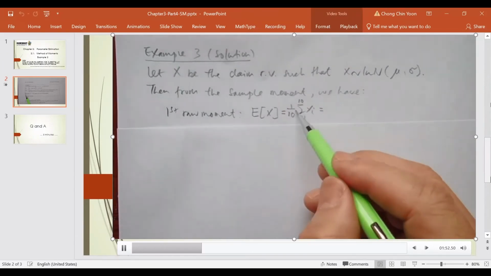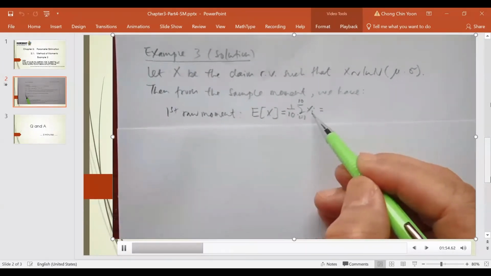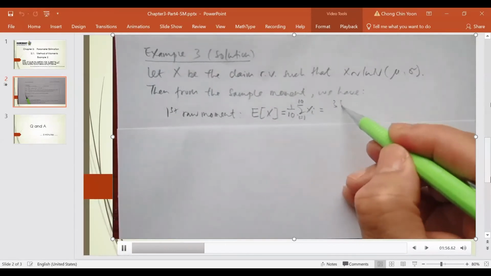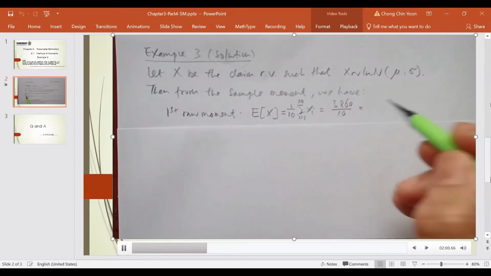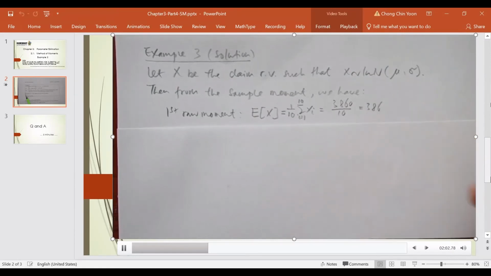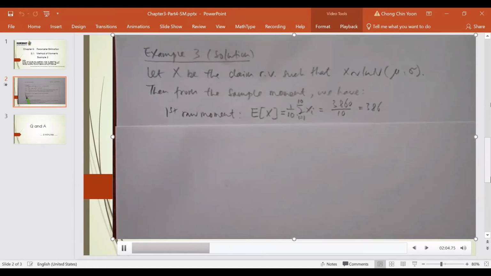So this summation is given by the question, that is 3860, and divided by 10, we will have 386. Next, we go to the second raw moment.